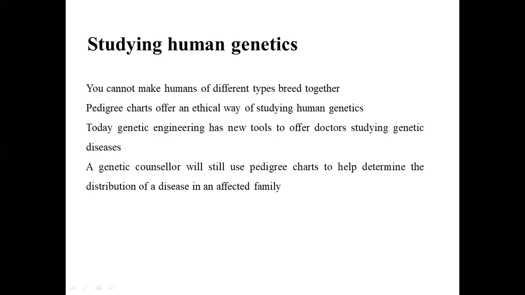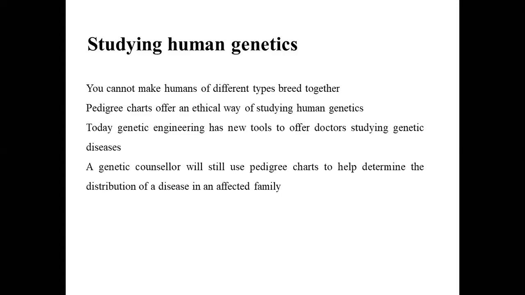So why do we study human genetics? You cannot breed humans of different types together. So you have to make the pedigree of a specific family. You cannot mix different families in one pedigree, so you should be very careful about that. A pedigree chart offers an ethical way of studying human genetics.